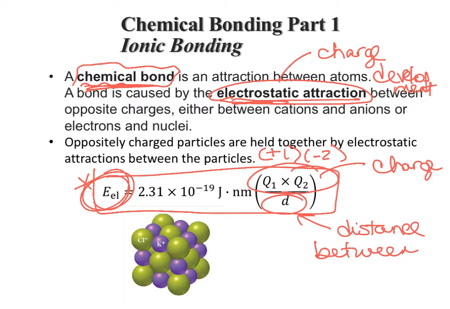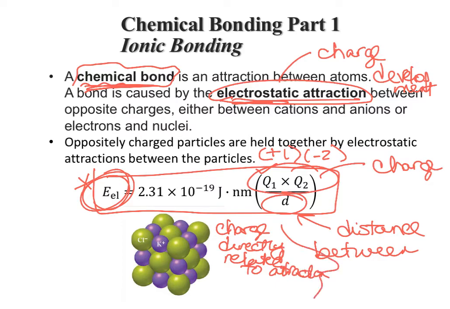So let's look at what type of relationship these have. The size of the charge is directly related to the attraction. The charge is directly proportional to attraction, right? So the higher the charge, the stronger the attraction, and you'll learn the stronger the bond.